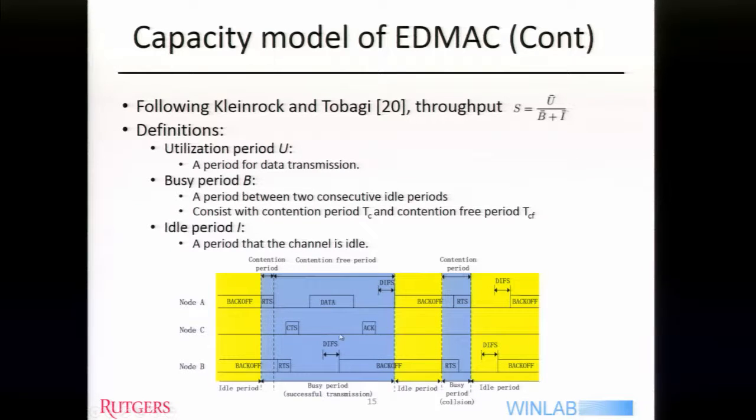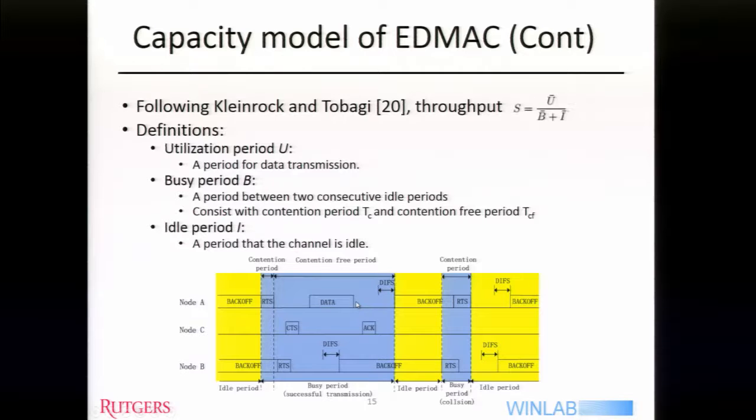The utilization period is the period used for data communication, so it is related to the throughput of the network. The busy period contains two parts: one is if a contention happens, and the other is a contention-free period after transmission. The idle period is marked in yellow, and it is basically when no one transmits in the network.